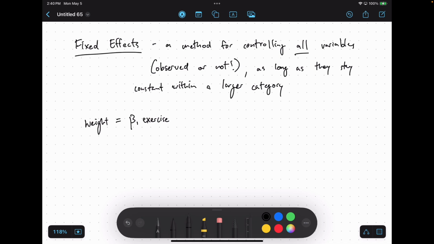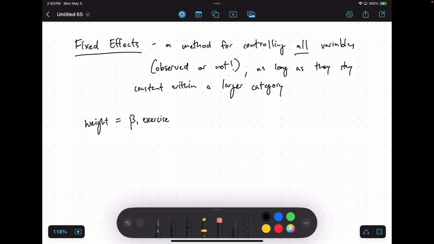And let's say that you go around and you randomly sample a whole bunch of people in the population, and you observe how much they exercise, and you may even get some people to change how they exercise over time.